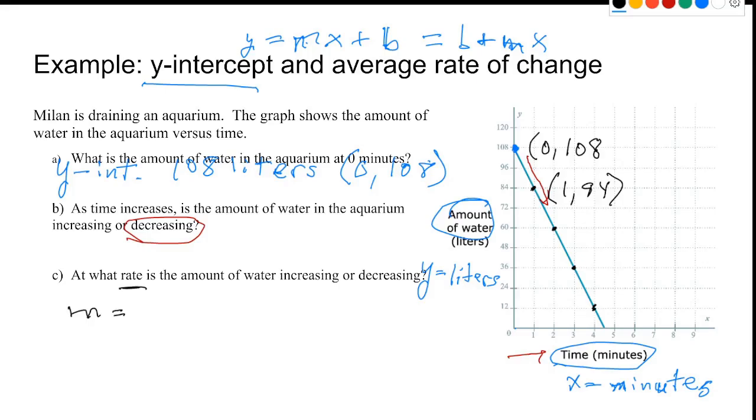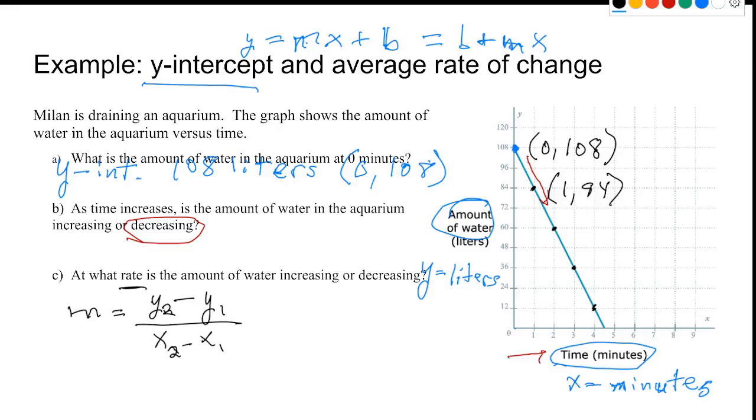The slope is going to be y2 minus y1 over x2 minus x1. Now, if you're like me, I don't really like plugging into formulas as much if I can find another way. And what I found is a cool way: you can put one point above the other vertically.